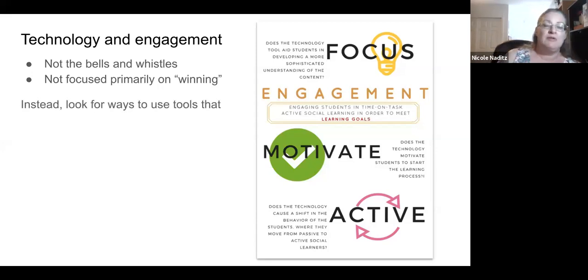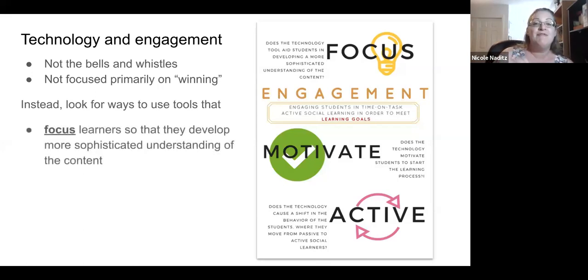So what we are looking for are tools that not only have bells and whistles for students who need them, or tools that may or may not have a competitive component. We're going to be looking for tools that focus learners so that they develop a more sophisticated understanding of the content. So tools that help them focus, help them really go deeper into the content with less distraction and with success.